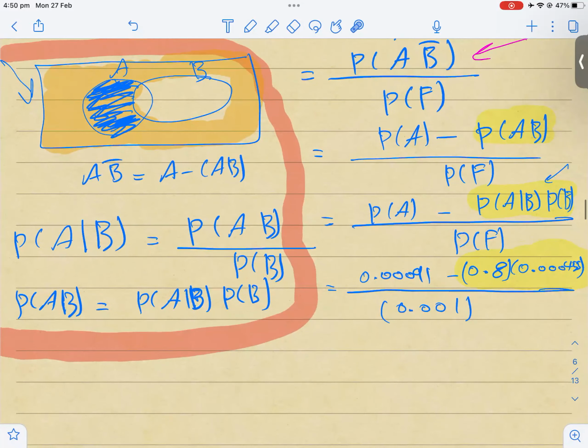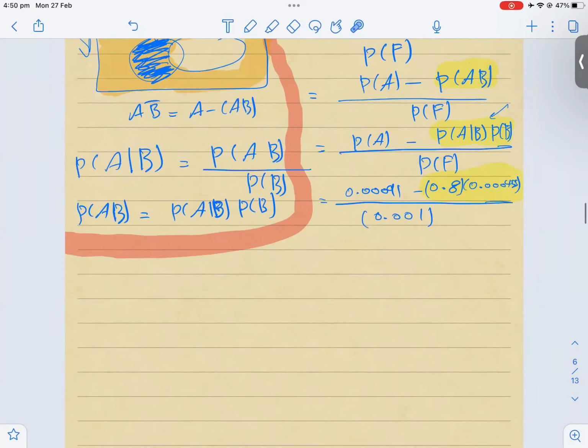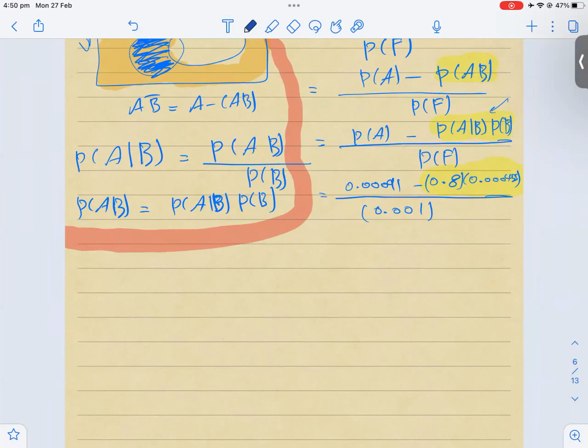Okay, so let's keep writing. What's the answer of this one, by the way?